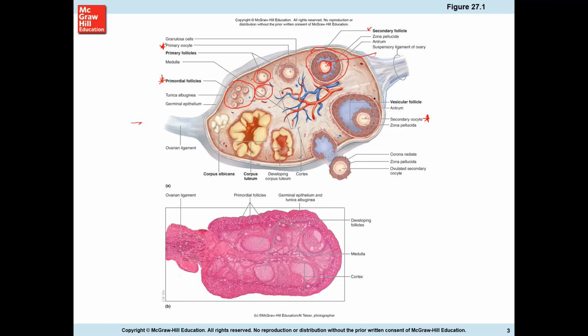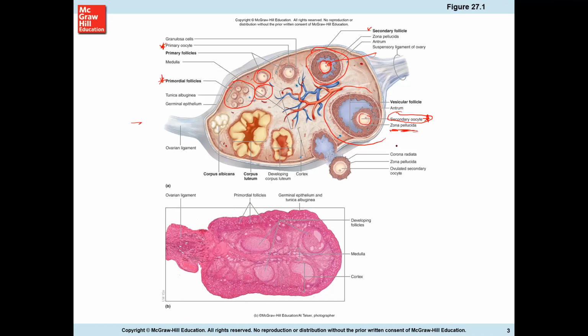So now we have a nice mature follicle with a mature secondary oocyte. It's still stalled in metaphase 2, and the zona pellucida is the outside of the oocyte. So the zona pellucida is what the sperm has to penetrate to get into the oocyte. It's a glycoprotein covering that the sperm kind of digs into.